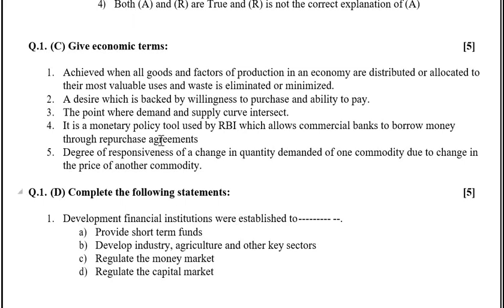Fourth, it is a monetary policy tool used by RBI which allows commercial banks to borrow money through repurchase agreements. Fifth, degree of responsiveness of a change in quantity demanded of one commodity due to change in the price of another commodity. Okay. So I hope all these 5 economic terms are clear to you and you might have written them, those who are attempting while watching the video.